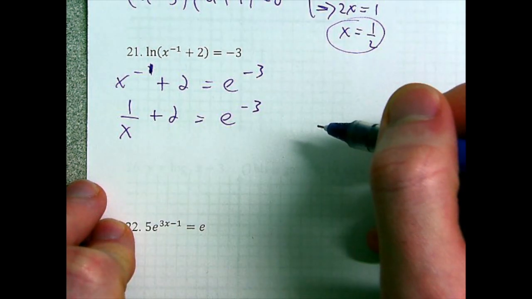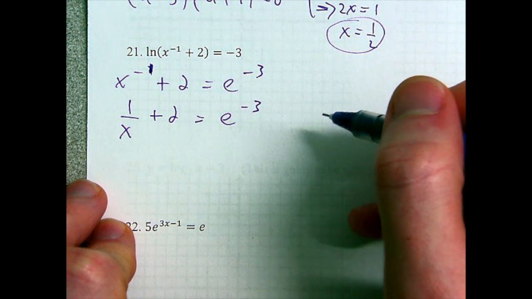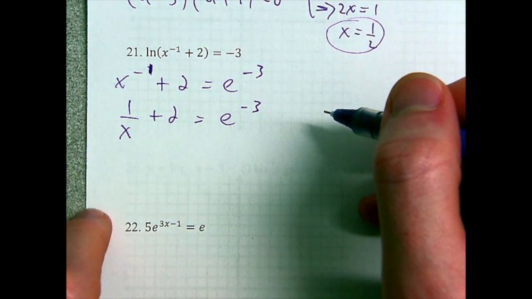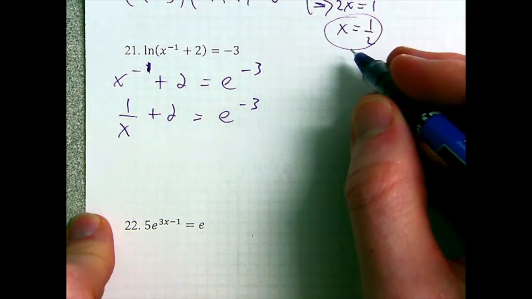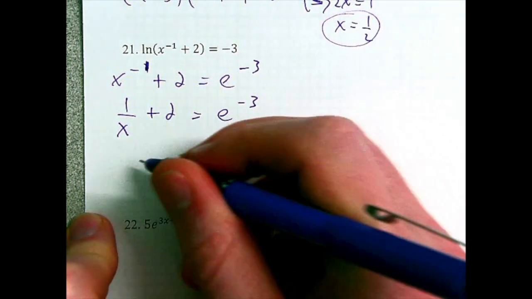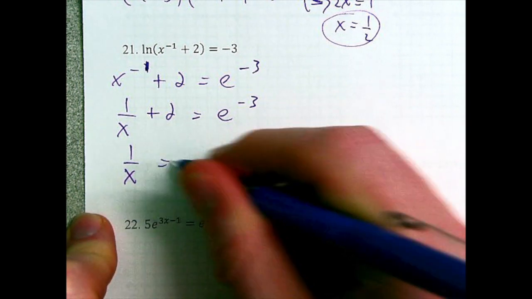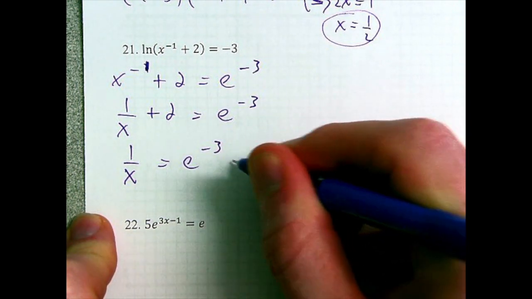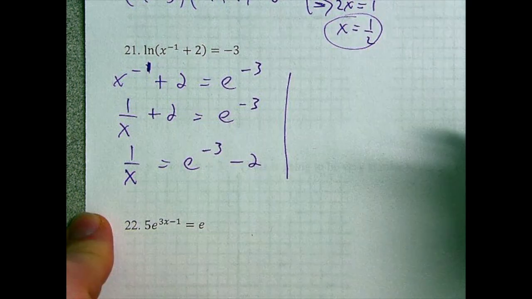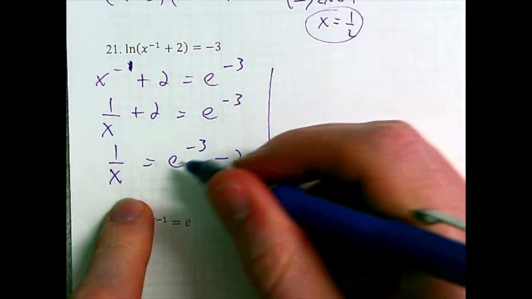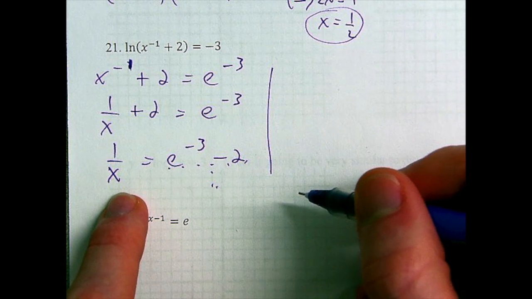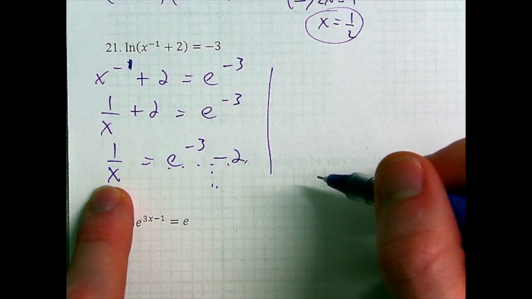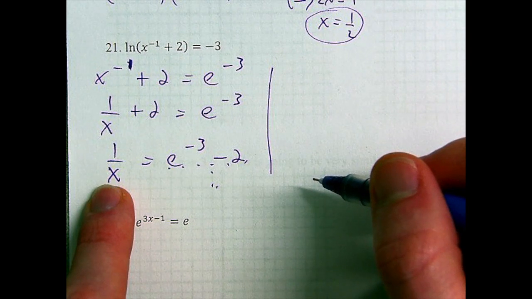As far as how to solve this, there are several ways of doing it. If I subtract 2 from both sides, I have this. One way of solving this is to regard this as a fraction and then cross multiply, or alternatively, you could invert both sides of the equation.